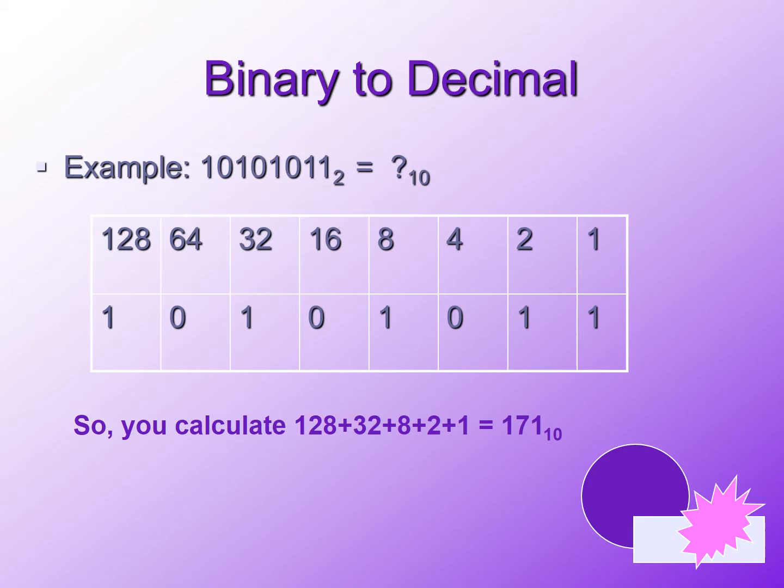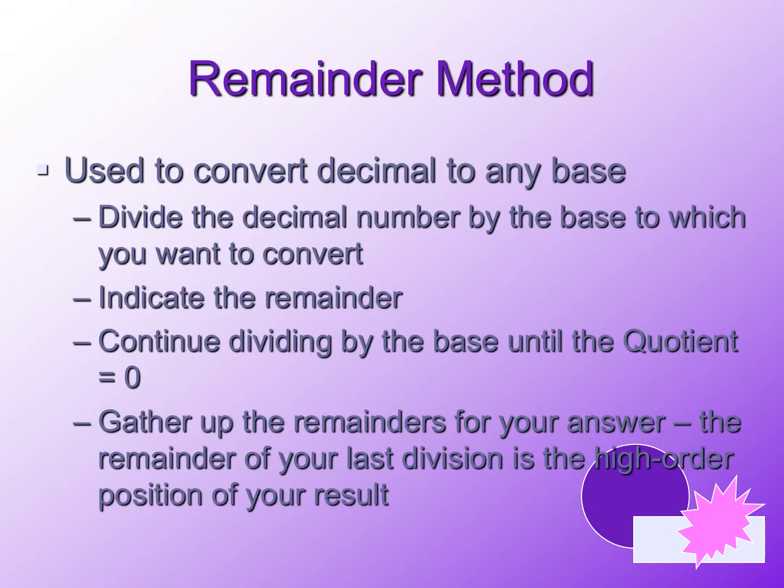You've got ones or zeros. So I have 1 in the 128th position, 1 in the 32nd position, 1 in the 8th position, 1 each in the 2 and 1 positions. When I add those up, I get 171 base 10. So, table method: with a little practice, I think you'll have it.